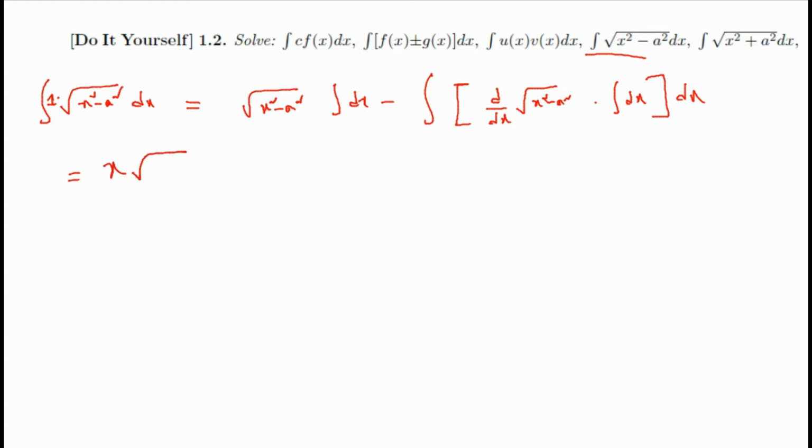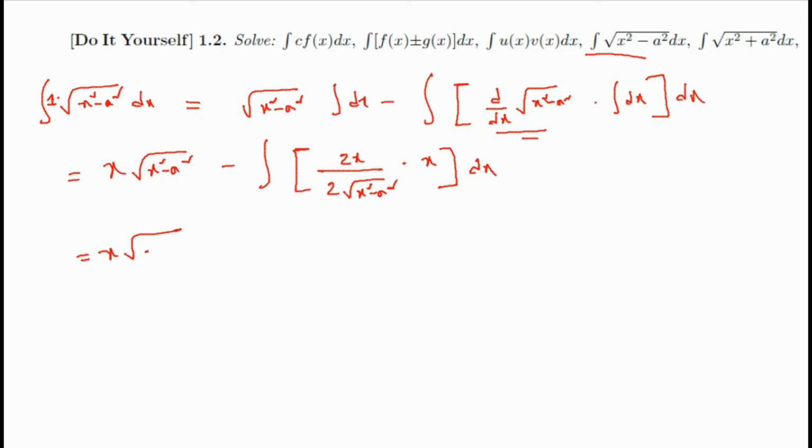So here x root x square minus a square minus integration, and this differentiation will be 2x by 2 root x square minus a square. This is a standard differentiation, and x dx.